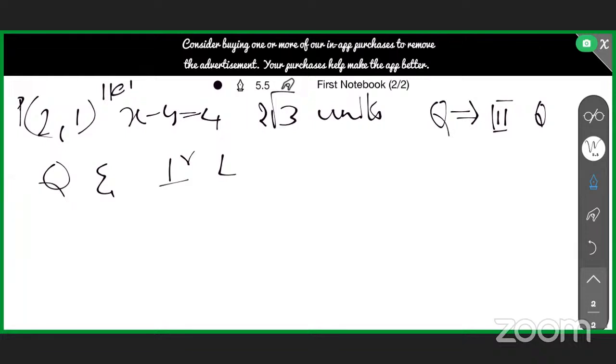The point P (2, 1) is translated parallel to the line x minus y is equal to 4 by 2 root 3 units. That's how the question begins. That means the question is a combination of a translation question. Basing on this question, we have to answer the question.